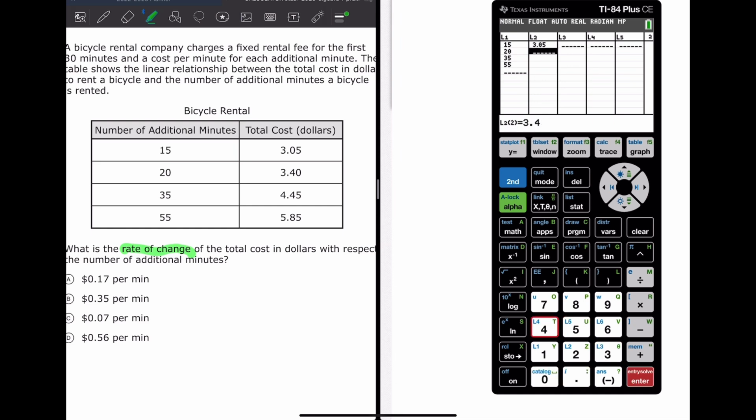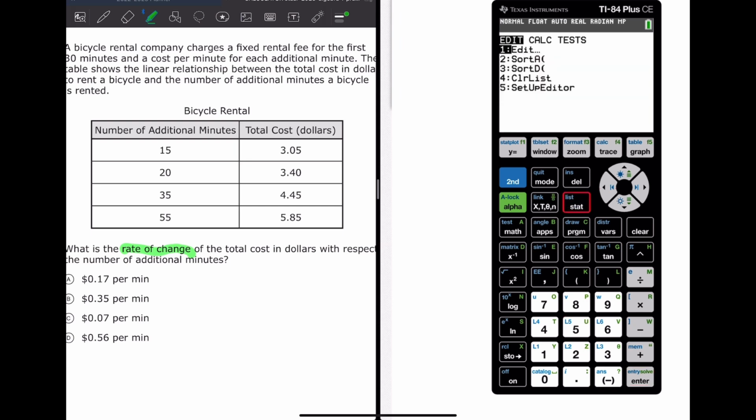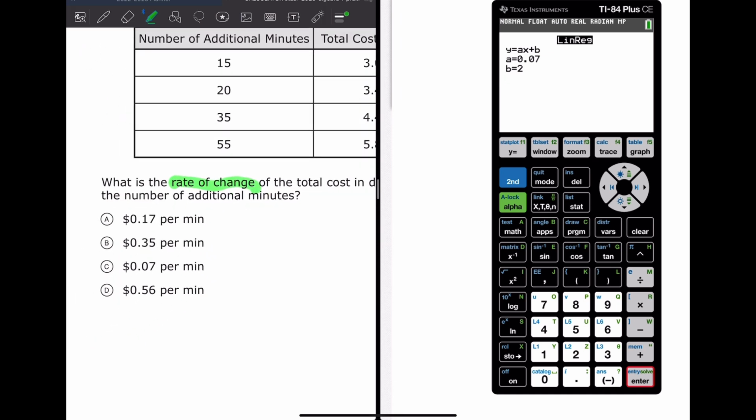Under list 2 or L2, you want to put all your y values. Make sure that they are across from each other. The 15 across from the 3.05, the 20 across from the 3.40, and so on. Also, as a reminder, you must make sure that you have your list 1 and list 2. In this case, A equals your slope.